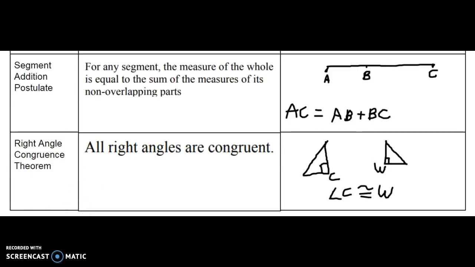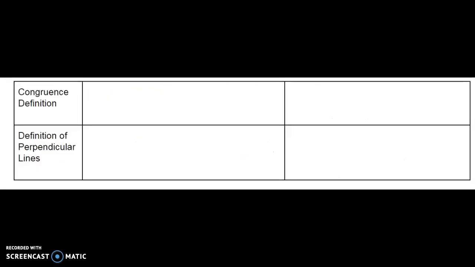Let's take a look at our last couple. Okay, our congruence definition is simply, okay, objects with the same measurement are congruent.